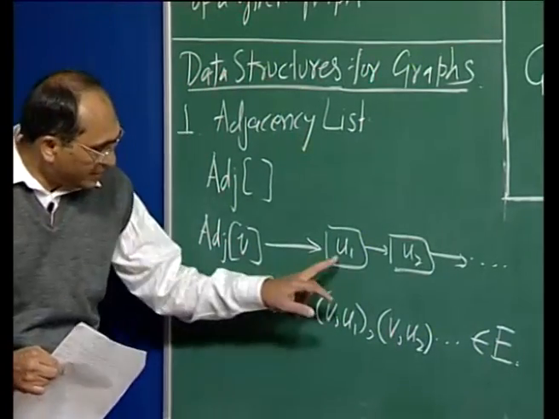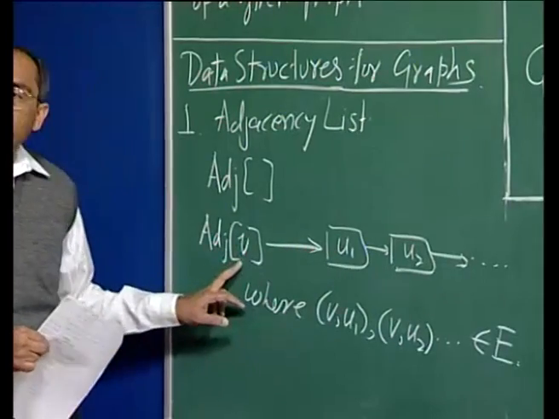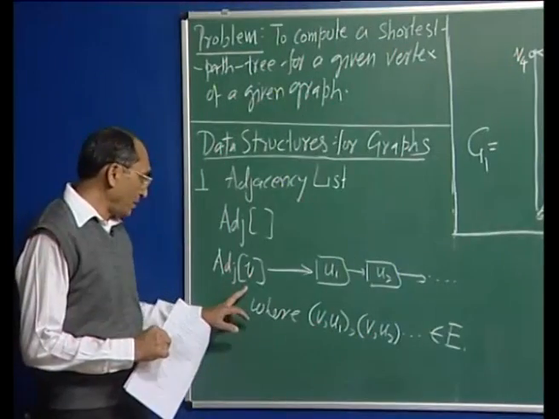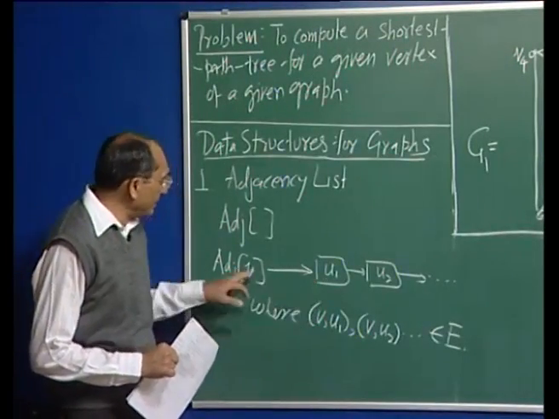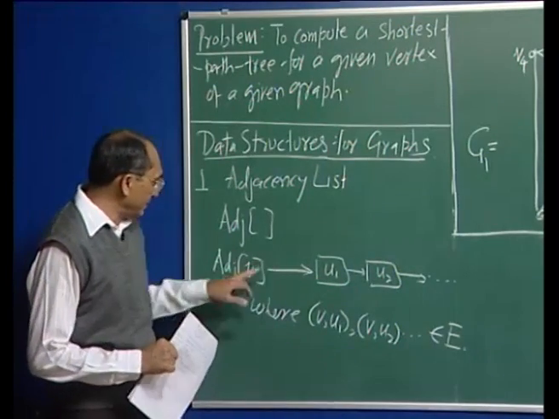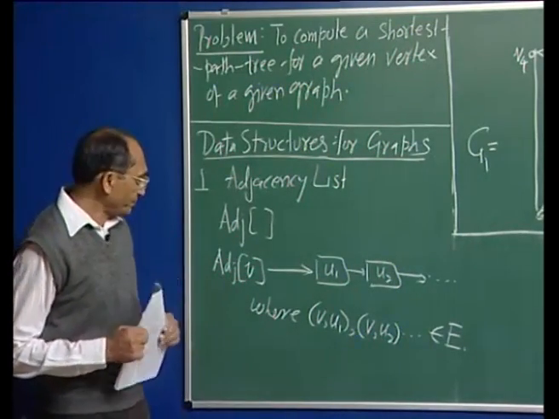We also call such vertices neighbors of V, or we also call that U1 is adjacent to V, U2 is adjacent to V, and so on.